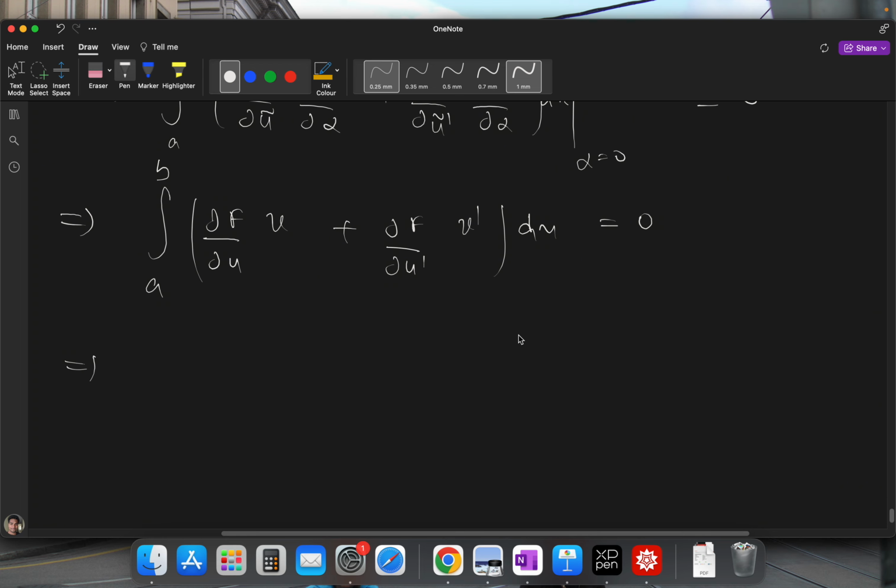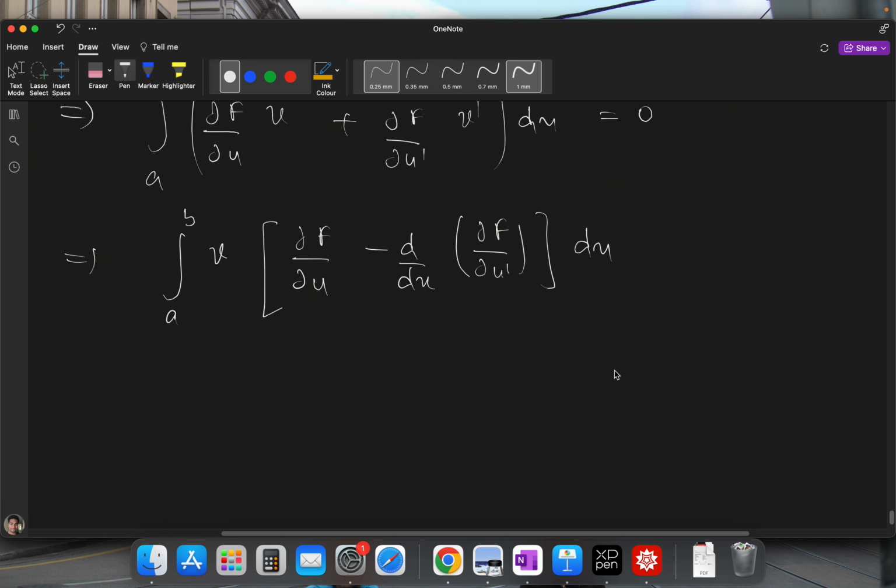Now I have to apply integration by parts. I will not go through every step, I will just directly write the integral from a to b of v times del f by del u minus d by dx of del f by del u dash, dx equal to 0.